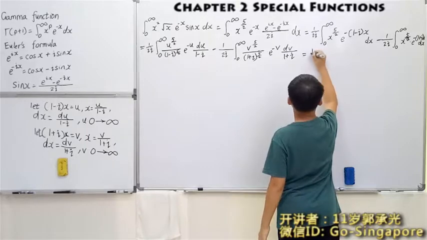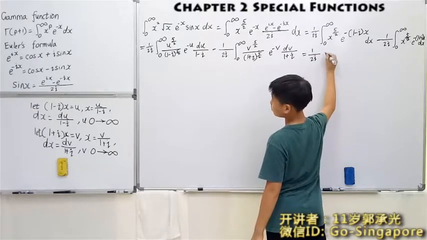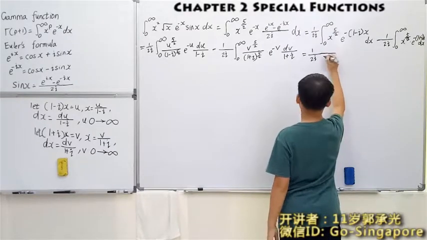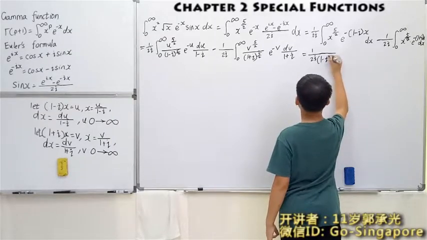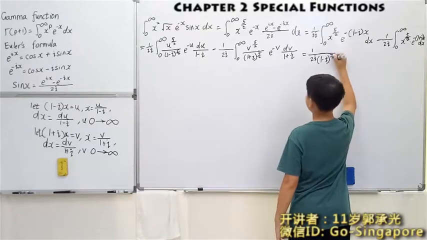So then it will be equal to 1 over 2i. For this first part, it would be (1 minus i) to the power of 7 over 2.